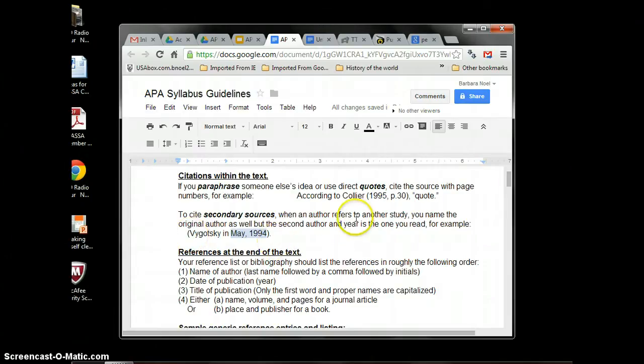So when an author refers to another study, you name the original author as well, but you want to show the second author and the year because that is the one you read. You didn't read what Vygotsky wrote directly. You read what Geoffrey May wrote about Vygotsky. So you're going to say May, Geoffrey May, 1994. And then the reader will know that that's where Geoffrey May was talking about Vygotsky.